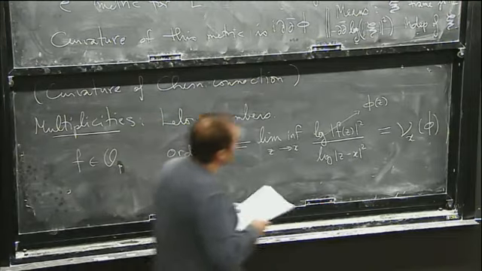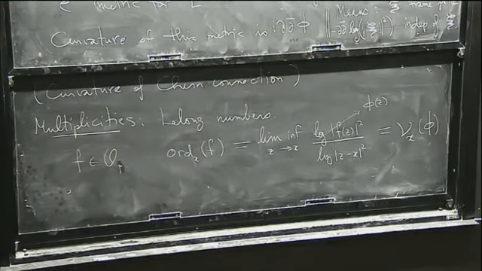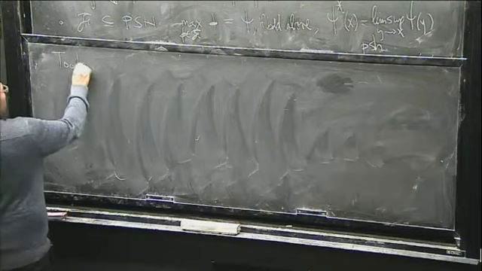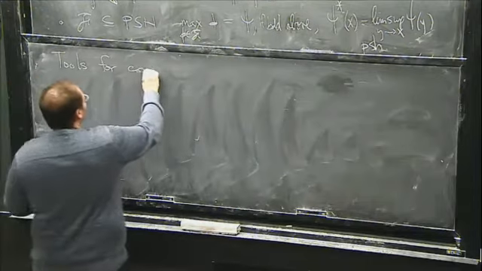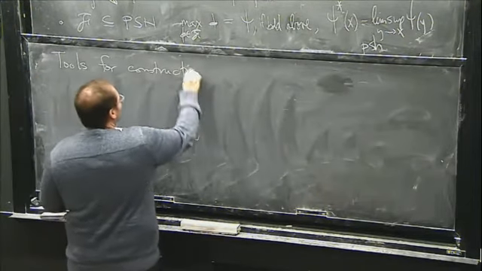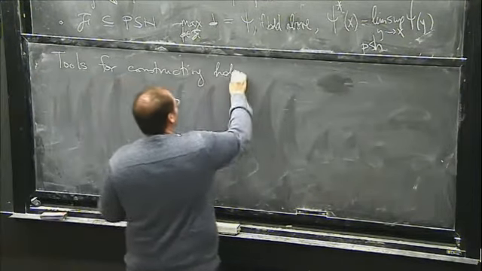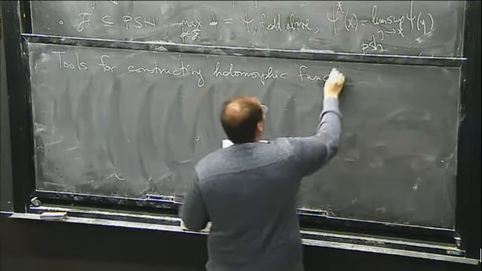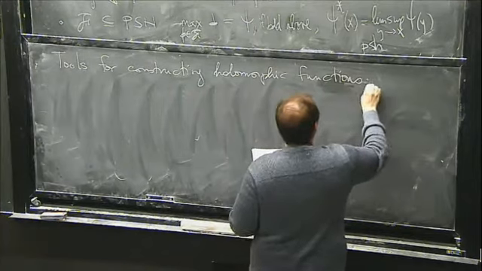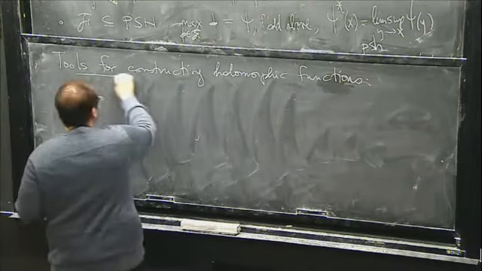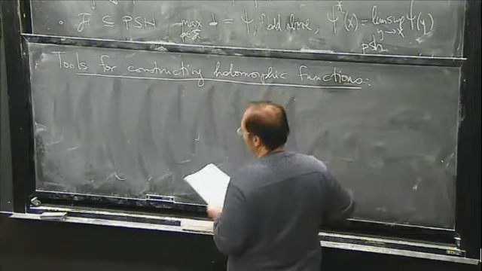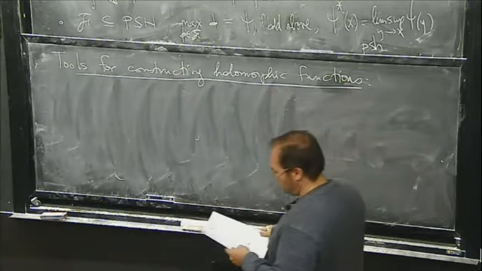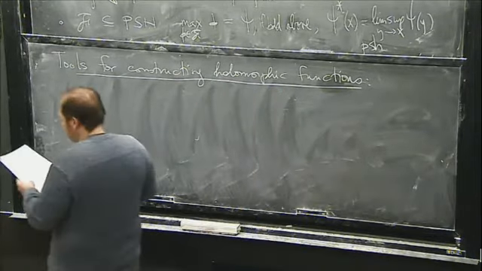Right. So what this plurisubharmonic theory really gains for us is it gives us tools for constructing holomorphic functions. Okay, so I'm going to start just by stating a theorem.